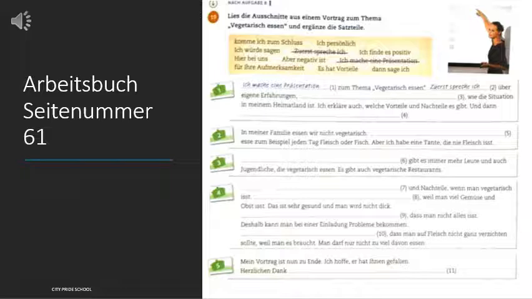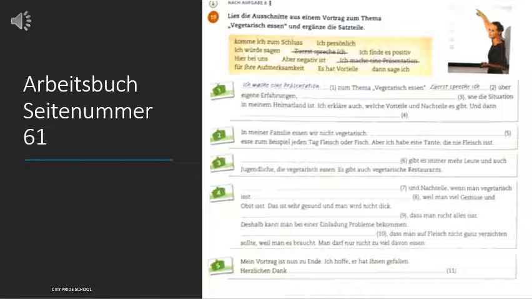Now I will explain the paragraph to you, then you try to fill up the correct segments in the correct blanks. Ich mache eine Präsentation zum Thema vegetarisch Essen. I am doing a presentation on the topic vegetarian food. Zuerst spreche ich über eigene Erfahrungen. At first I will speak about own experiences. Eigene means own. Erfahrungen is experiences.